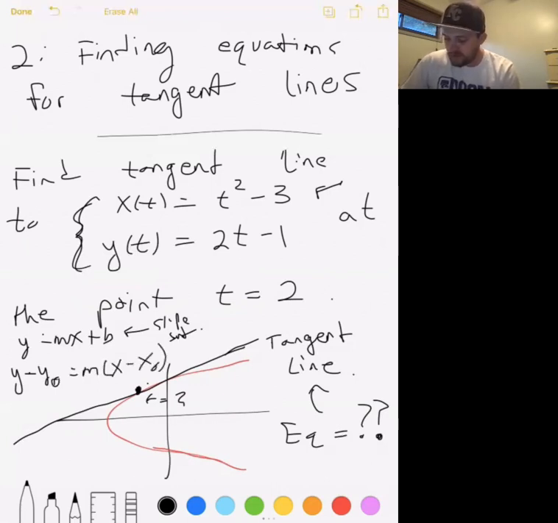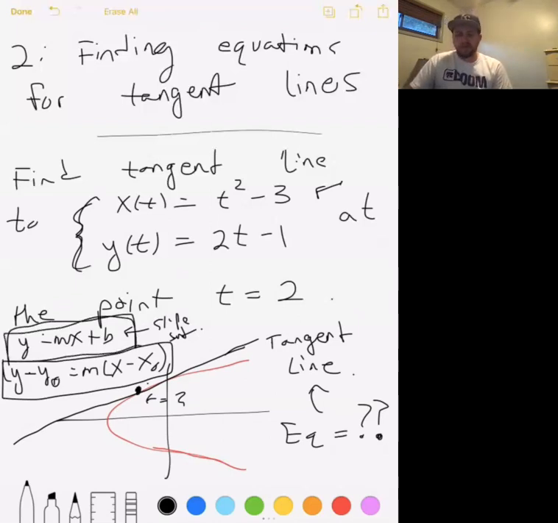And so these are two equations that we can use. Somehow we're going to have to take information from this curve and this point. We need to get enough information to be able to use either point-slope form or slope-intercept form.